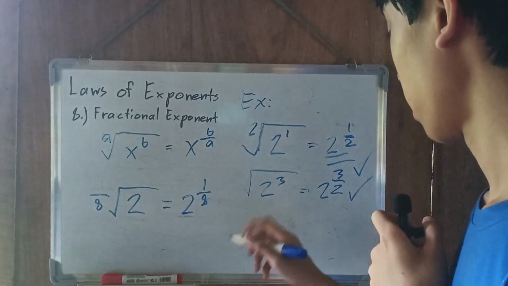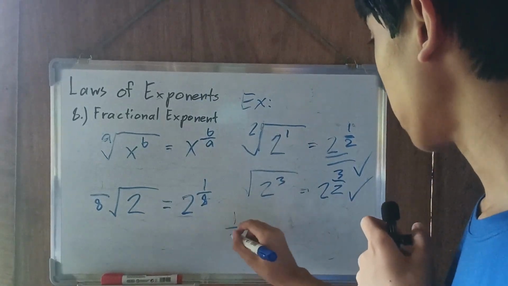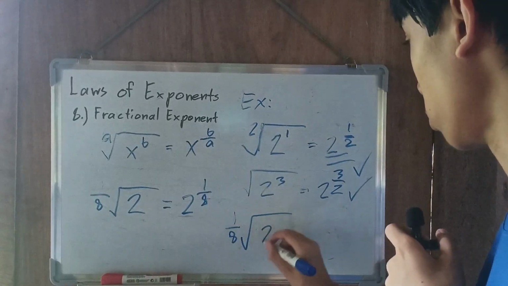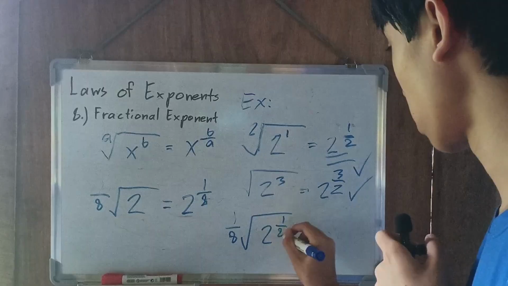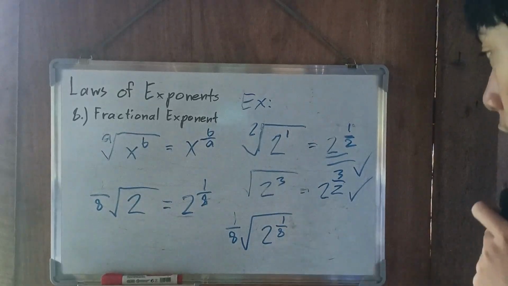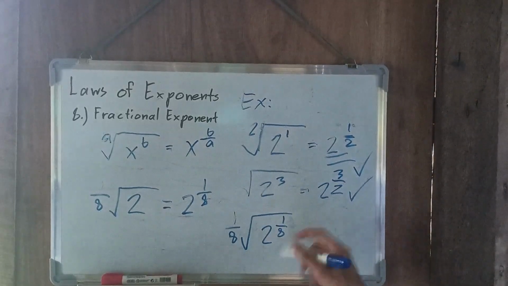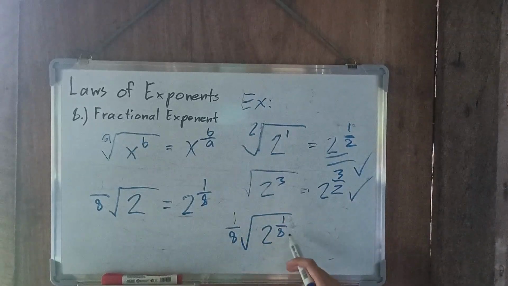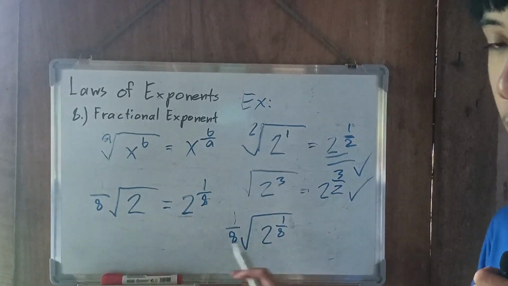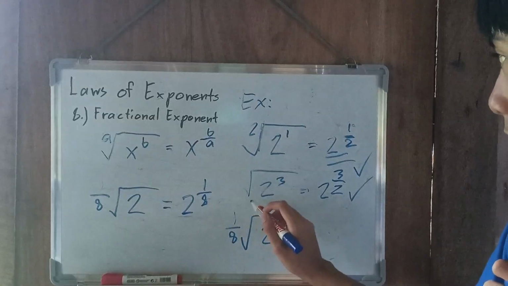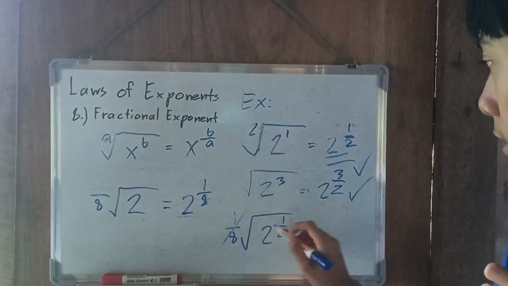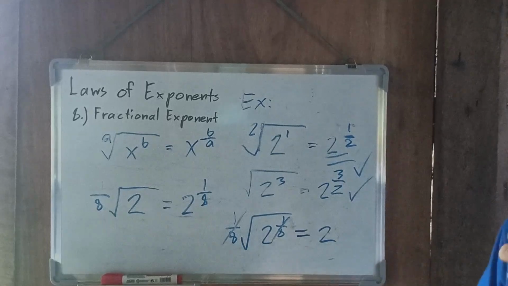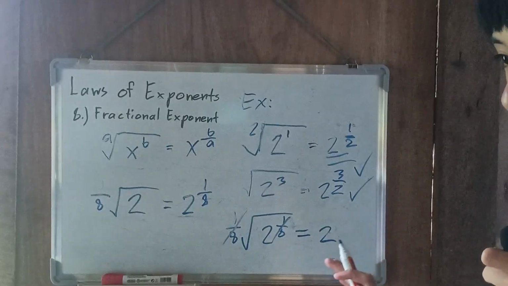So if I put the 1/8 root of 2 raised to 1/8, the answer is very simple. The fastest way is when you see both the index and the raised power have the same thing, just cancel it all out, and the answer is just 2. That is your answer here.